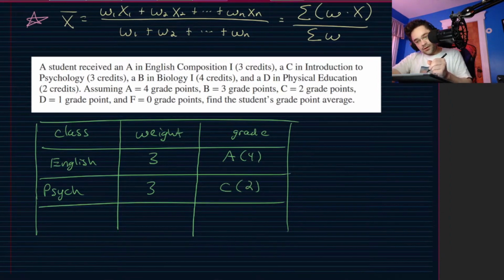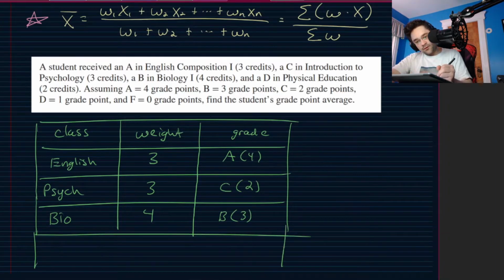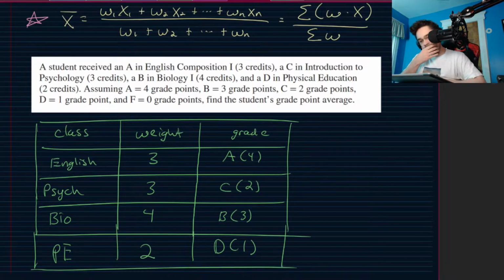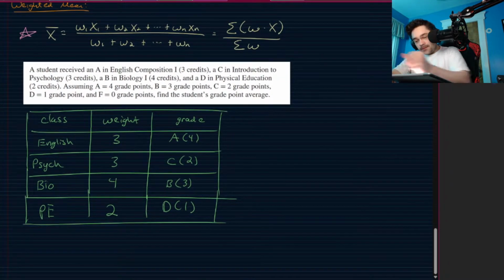What else? Bio, 4 credits, they got a B, that's 3 grade points. And there's, I think, one more, right? PE, which is 2 credits, and they got a D, which is worth 1 grade point. That's it, right? Yes. So remember, these are the weights, and these are the data values.